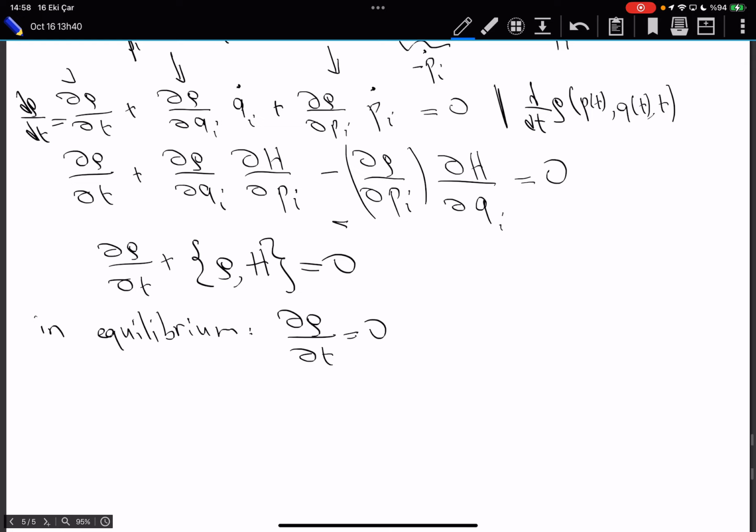And hence, in equilibrium, the Poisson bracket of this density in phase space with the Hamiltonian should be 0. Well, when we do quantum mechanical treatment, quantum statistics, this will just become the commutator of this density with the Hamiltonian, and it should be 0.